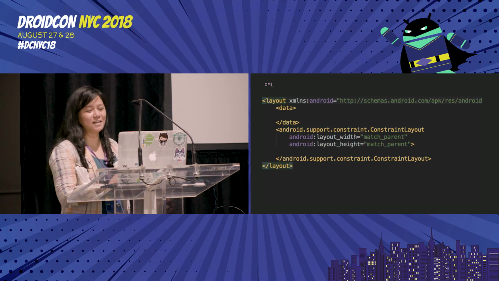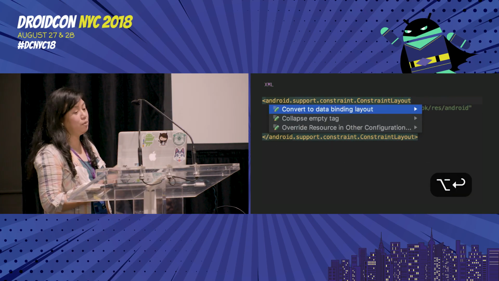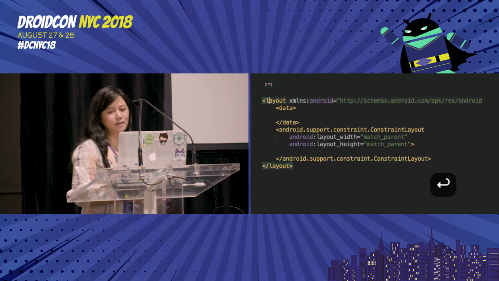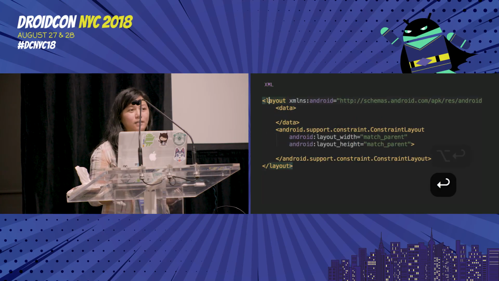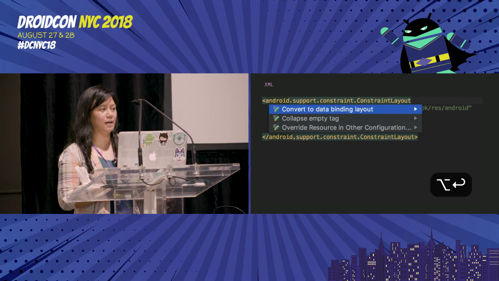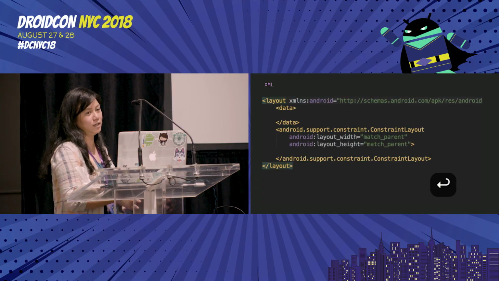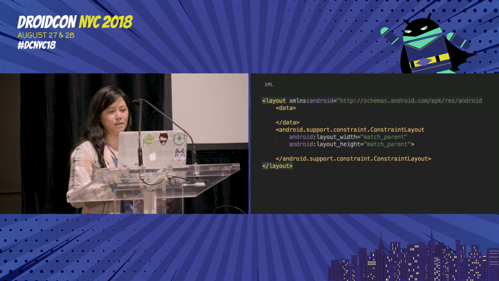Say we have an existing layout file and we want to convert it to data binding, right? We can do so by just pressing Alt-Enter on the layout file's root tag and then choosing Convert to Data Binding Layout, and Android would wrap everything in all the tags required by data binding for us.